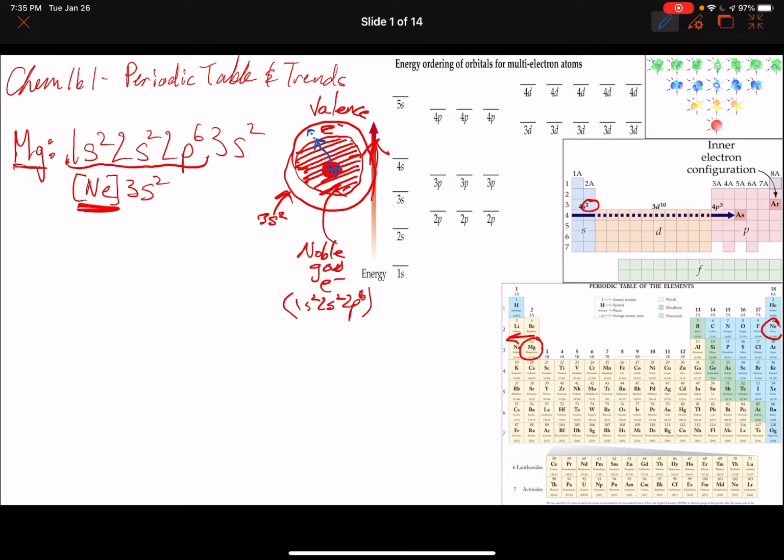The atom size, or radius, is going to be dictated by the ability of the positively charged nucleus to attract the outermost electrons closer to itself. So our ability to transfer that positive charge past the noble gas core and attract valence electrons closer is an important idea.